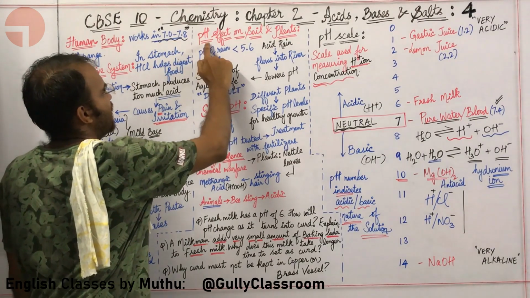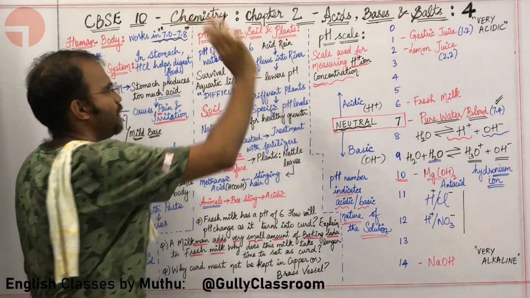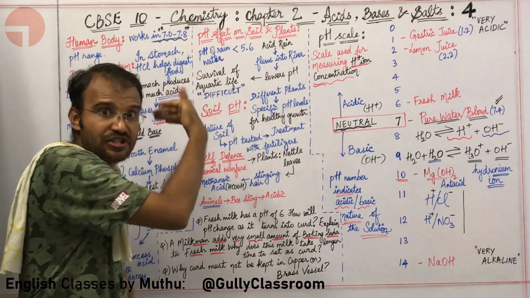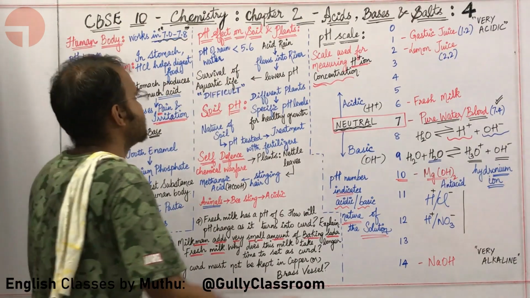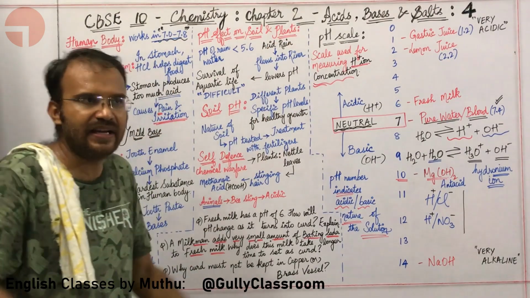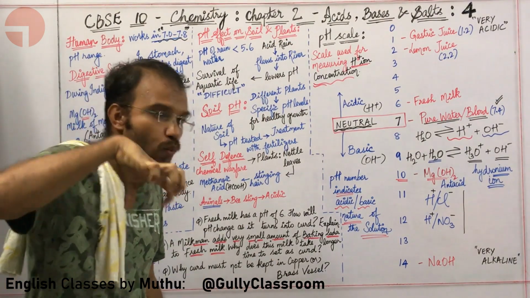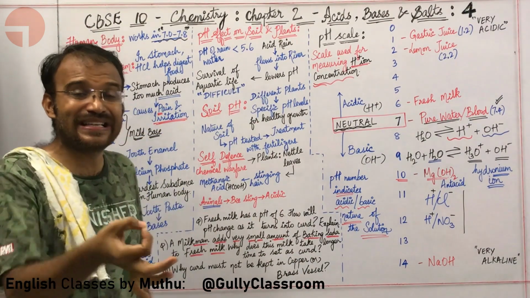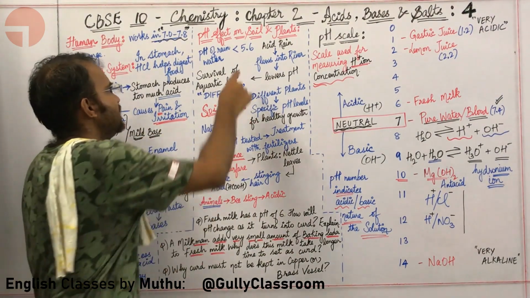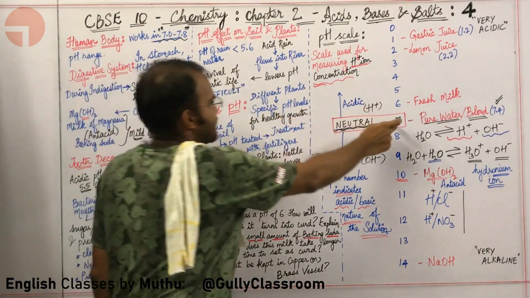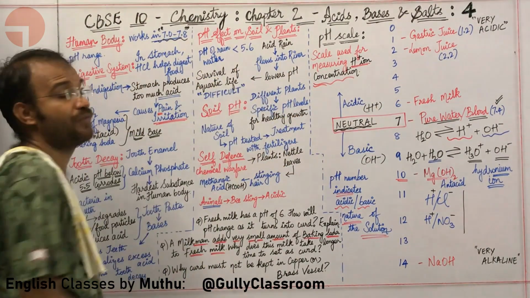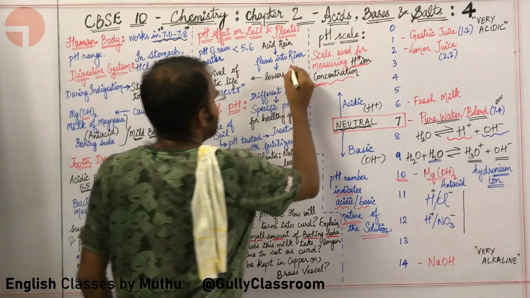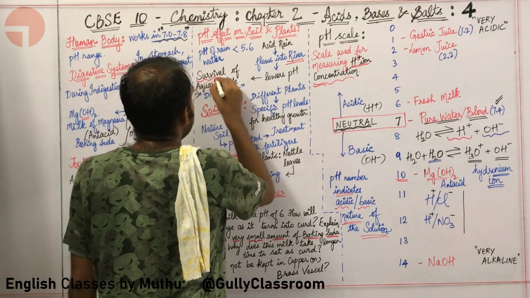Let me go for the effect of pH on soil and plants. What is the effect of pH on soil and plants? If the pH of rain is lesser than 5.6, it is called acid rain, and this acid rain washes off into the river and decreases the pH of the river, because its pH is lesser than 7, even lesser than 5.6.